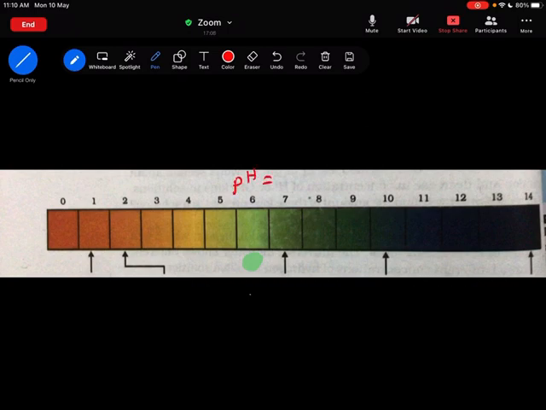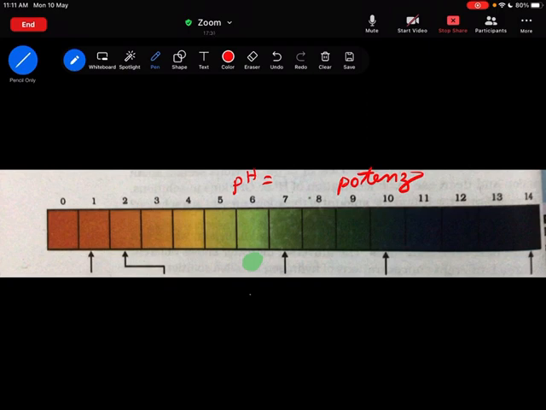pH means potence hydrogen. P in pH stands for potence, meaning strength. Potence in German means power.